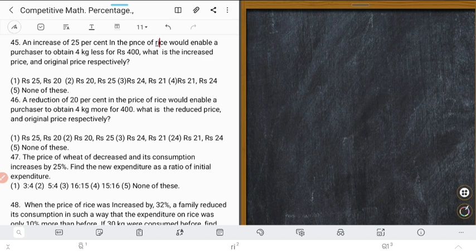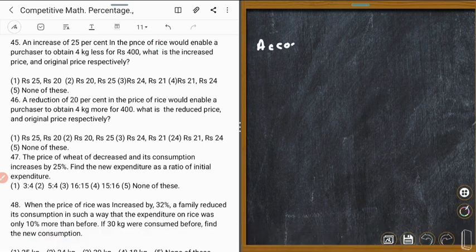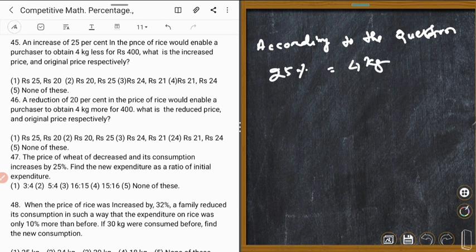This is 46. So here, according to the question, 25% is equal to how many? 4 kgs. Right? 1% means 4 upon 25. 100% means into 100, which is equal to 16 kgs.